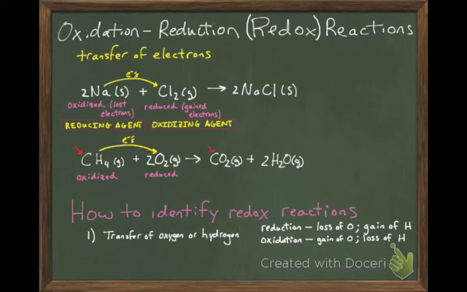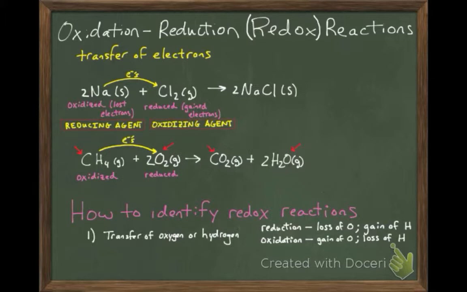Therefore the carbon loses hydrogens to gain 2 oxygens, and is oxidized. Oxygen, on the other hand, ends up getting 2 hydrogens attached to it, a gain of hydrogen, and therefore the oxygen was reduced. So you can identify a redox reaction by this method.